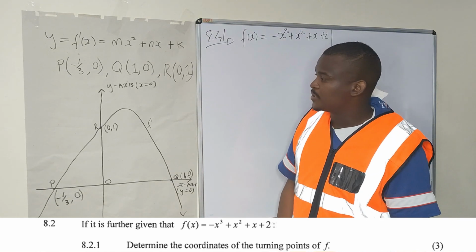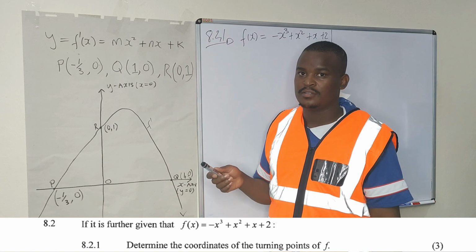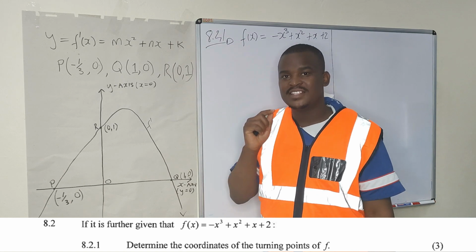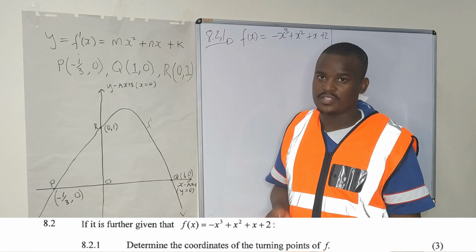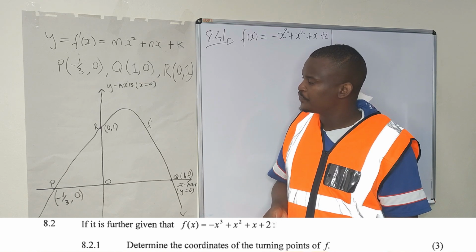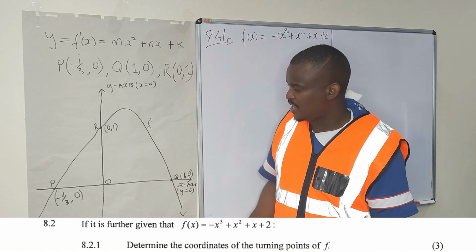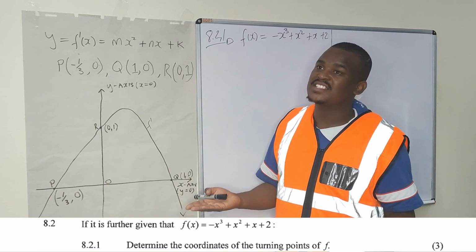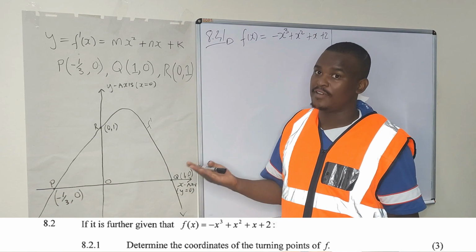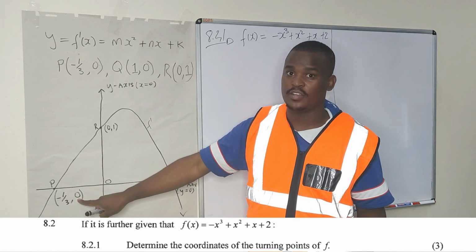So how do you do this? You know that the first derivative of a function is giving you the gradient of a function at each and every point. So at x is equal to minus 1 over 3, its gradient will be 0 at that point.